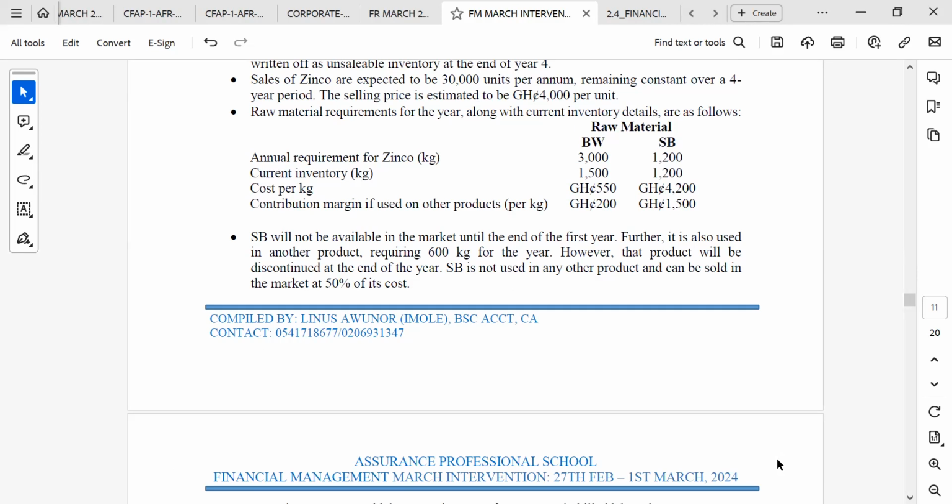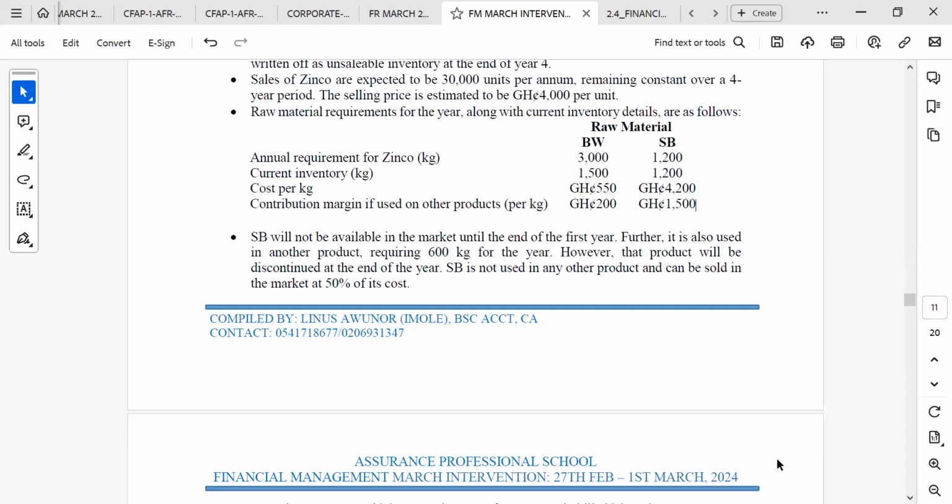So this particular transfer will be made for only this year because we will not be producing that product again. But this year we have to produce. So if you want to transfer the 600 from that place, it means that the contribution that the 600 would give you over there will be lost. Why are you losing that particular contribution? It's as a result of the SB, you producing the zinc. Okay.